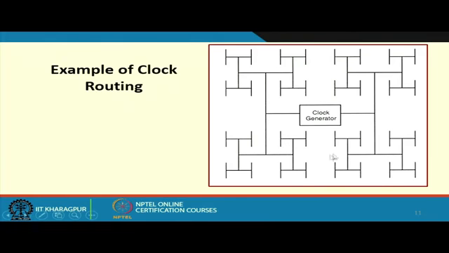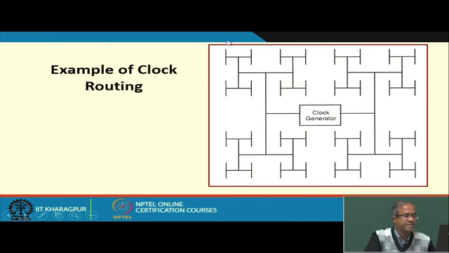One method I am showing here is called the H tree, because every intermediate step looks like an H. The clock generator is in the middle, and all the points at the terminals of the H are the points from where clock signals are taken.